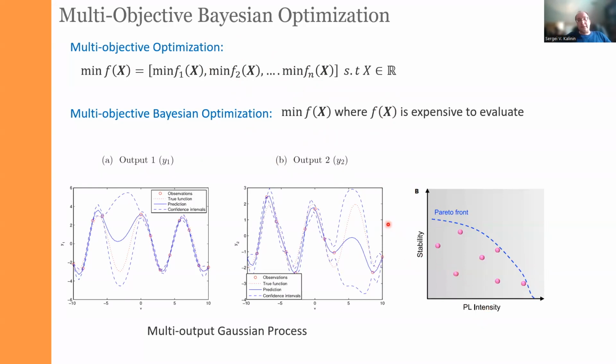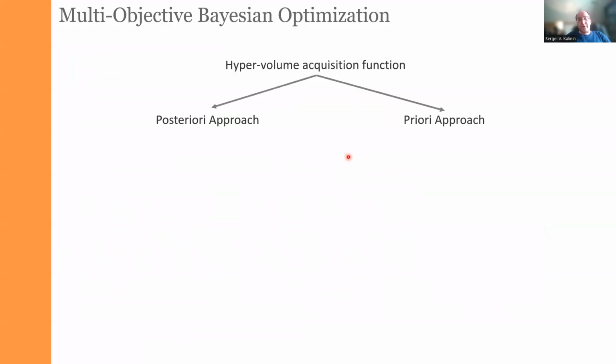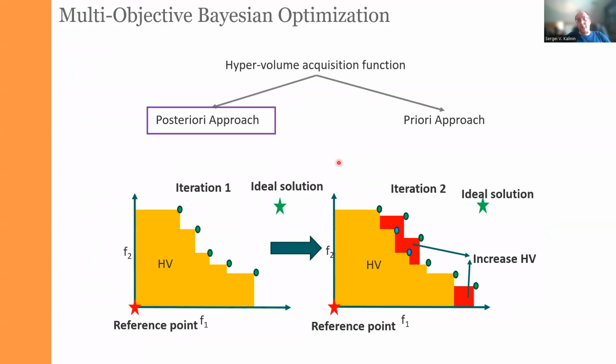This is a very complex area. If you are familiar with the basic GP and Bayesian optimization, which you are by now, multi-objective is a more complex thing to do. There are several strategies, depending on how you construct the Pareto front in the system space.